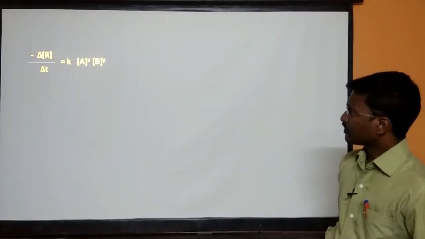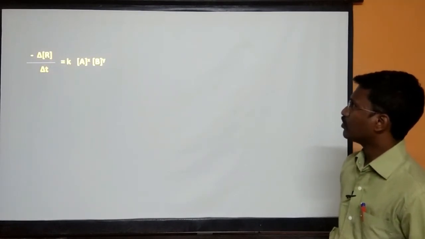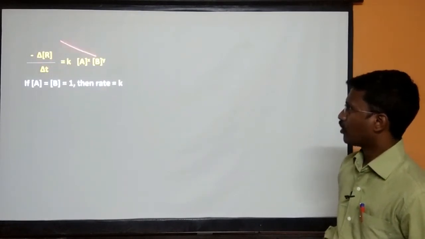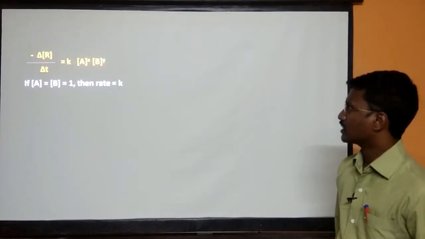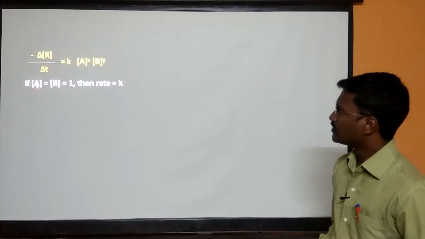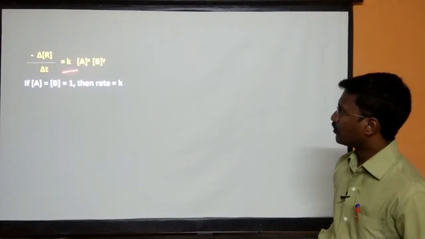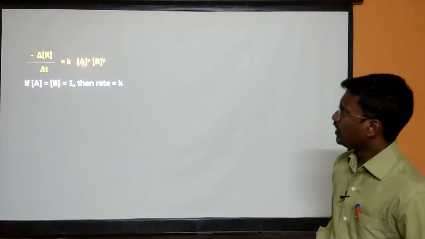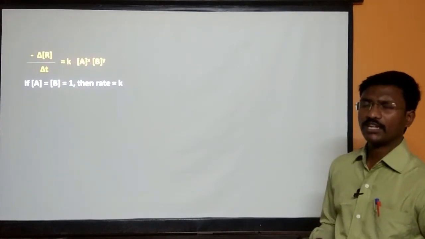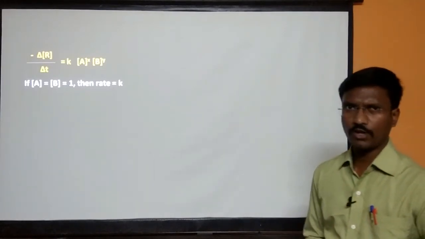Whereas to write it as a rate law, we are using the same expression. Rate is equal to k into [A] to the power x and [B] to the power y. If the concentrations of A and B are 1, that is unity, you can see here, 1 to the power anything, it may be 0, 1, 2, 3, 4, remains 1 only.